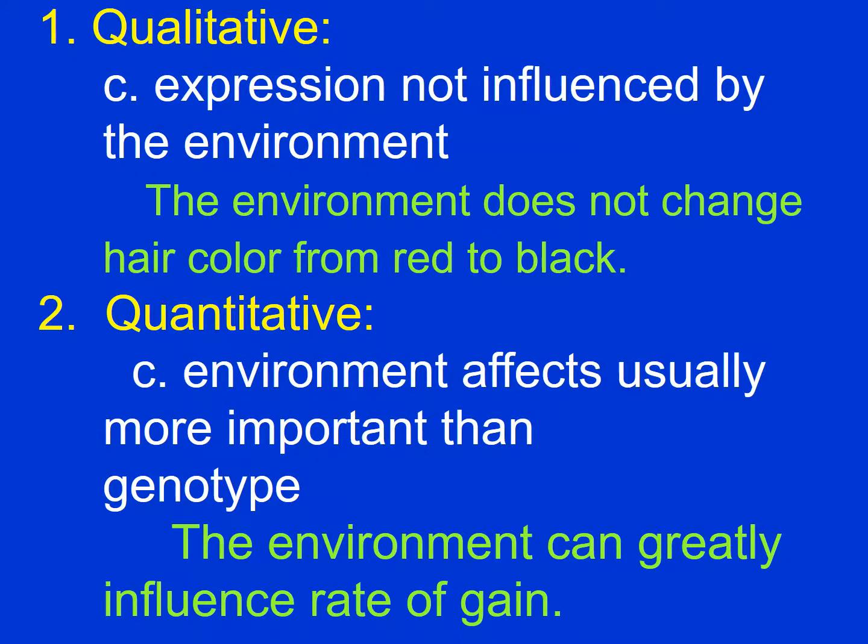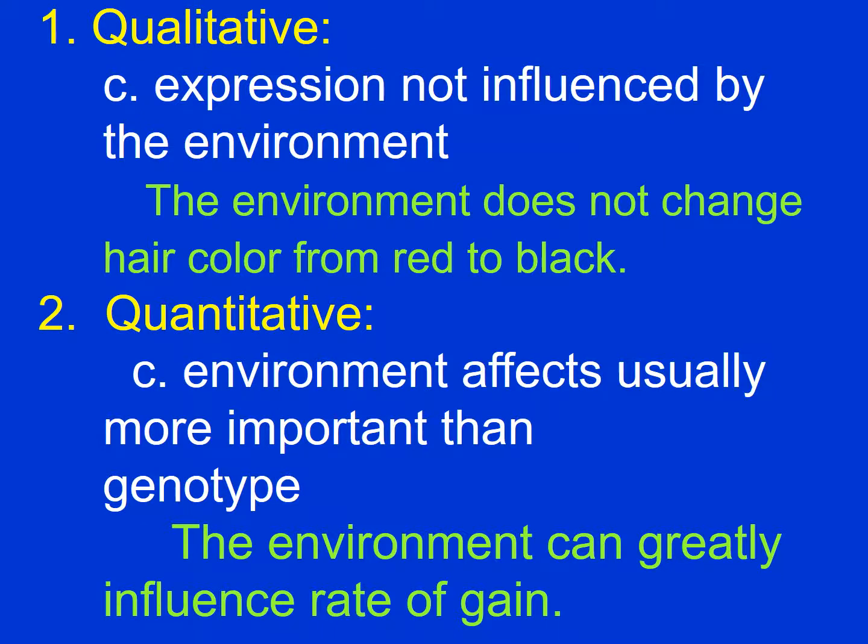So for a quantitative trait like rate of gain, or average daily gain like we already talked about, the environment can greatly affect the rate of gain, maybe have more of an influence than the genetics. If an animal's on a real low plane of nutrition, maybe a really bad pasture, they're not going to grow very fast.